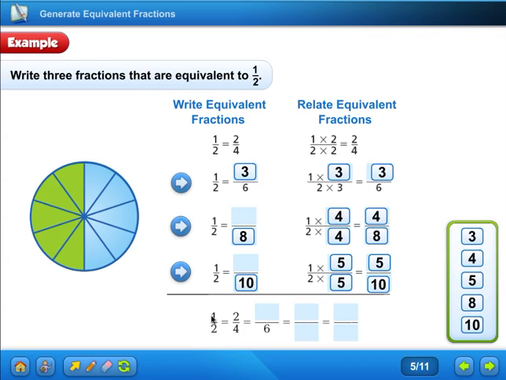So let's fill this in. These are all equivalent fractions. They are all equal. 1/2 equals 2/4, which equals 3/6, which also equals 4/8, which also equals 5/10.